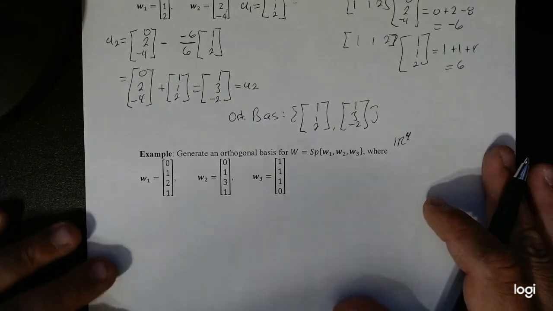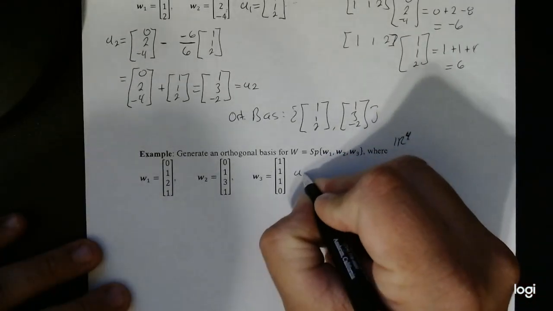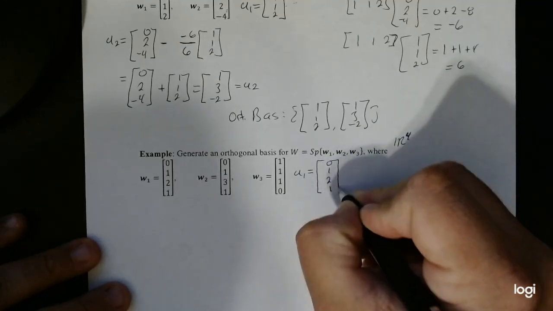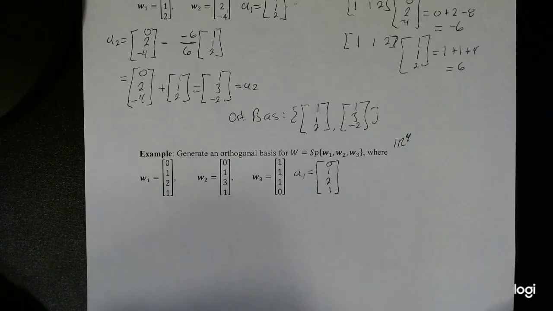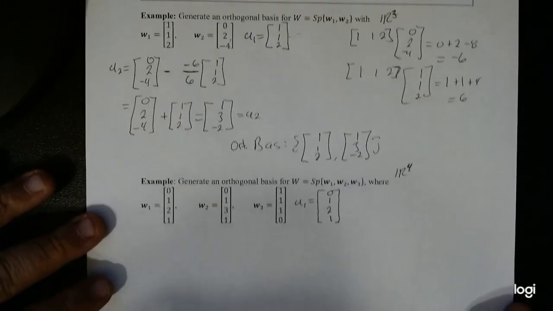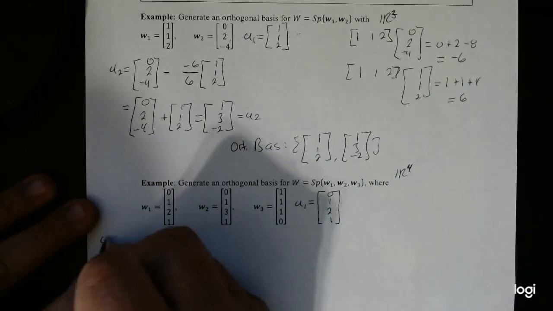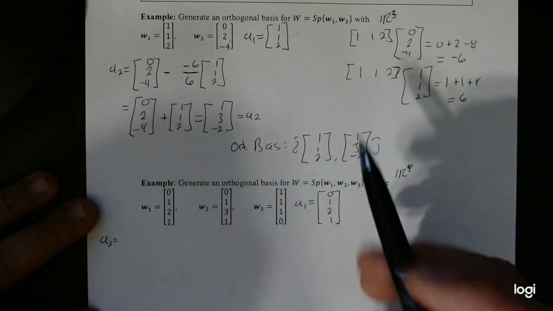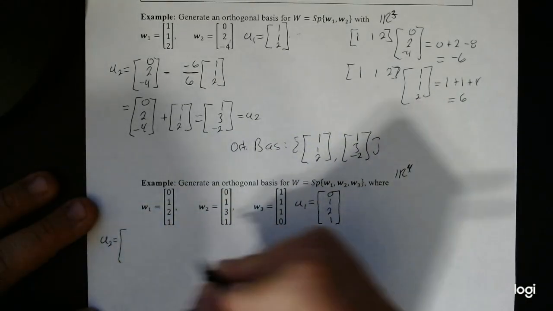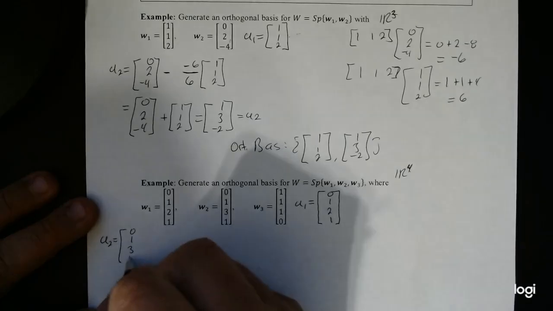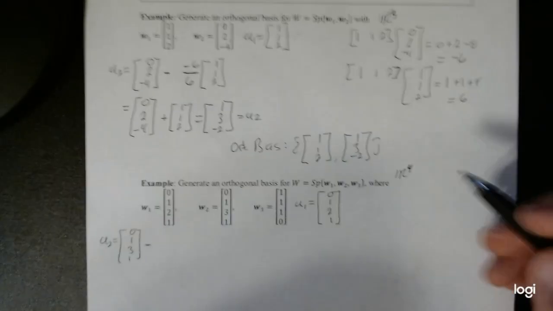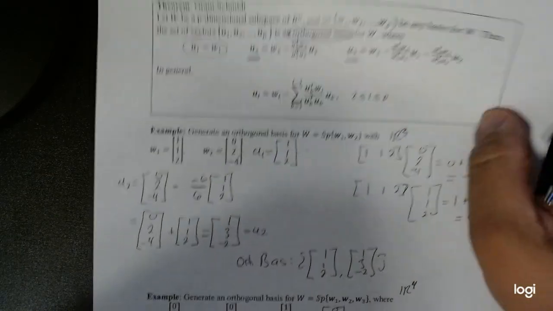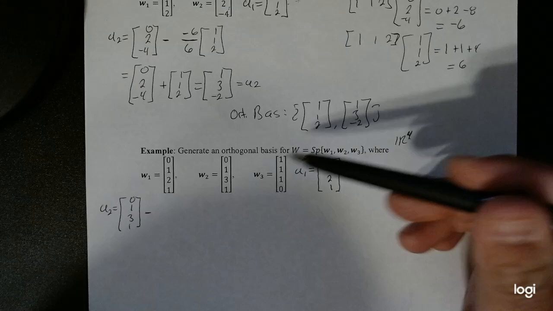The good thing is the first one's the same. To find U2 is going to be an exact copy of what I did above. So W2, this one here, 0, 1, 3, 1, minus, according to the equation, U transpose times W2, this with this.